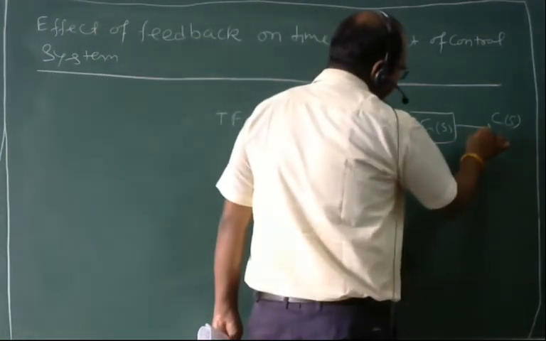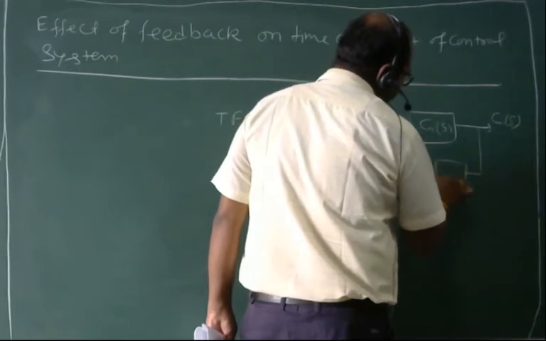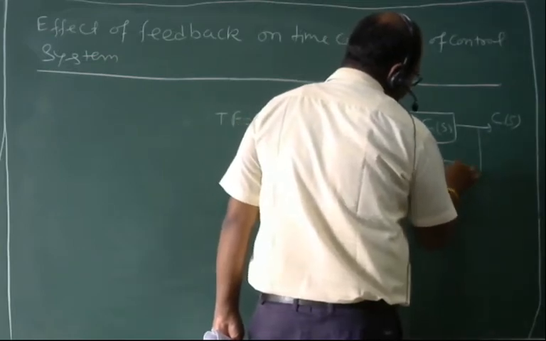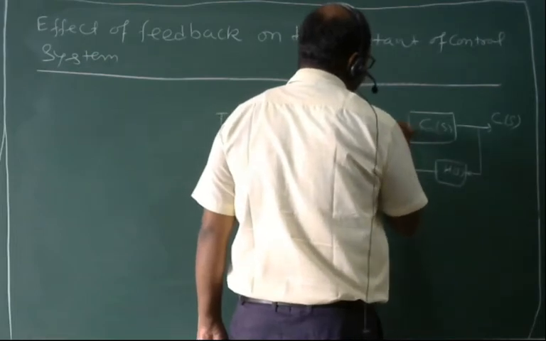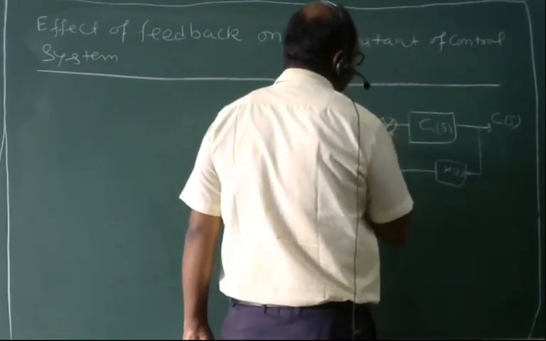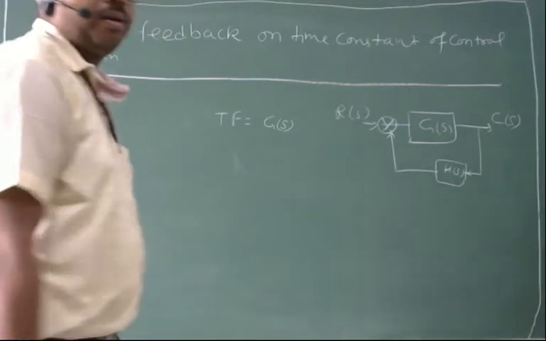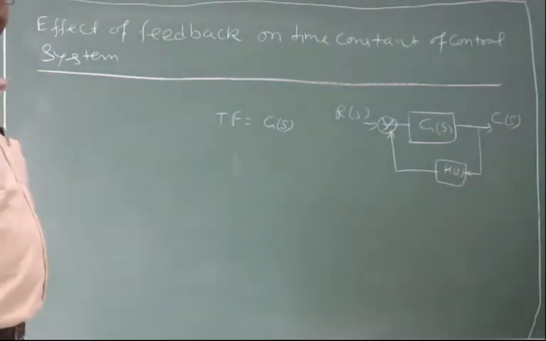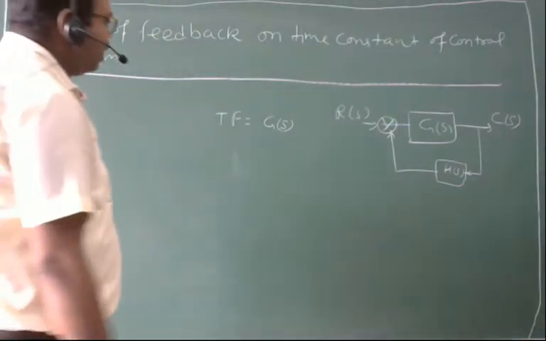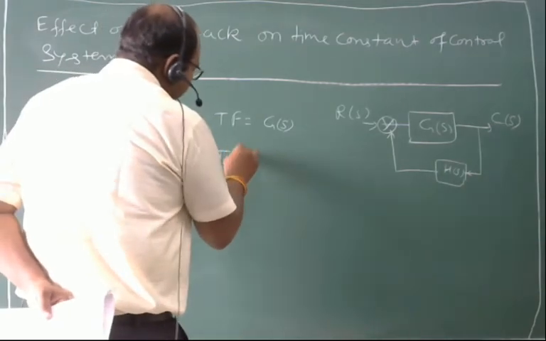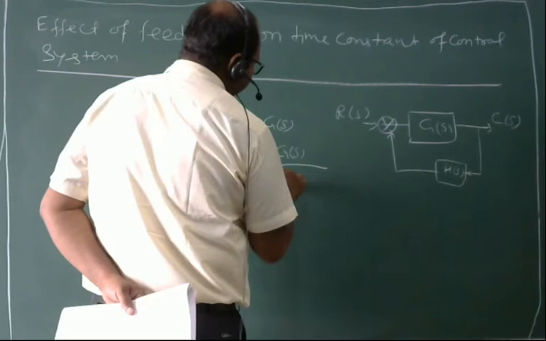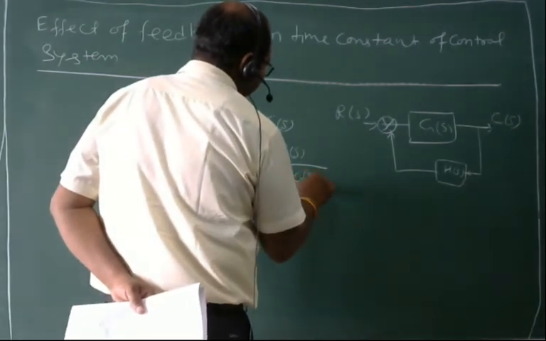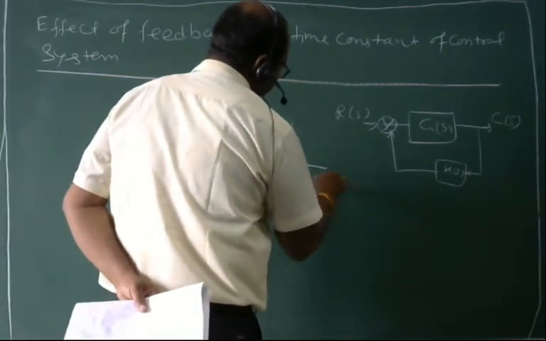And if I am adding a feedback H(s) in this system like this, then the transfer function becomes G(s) over 1 minus G(s)H(s).